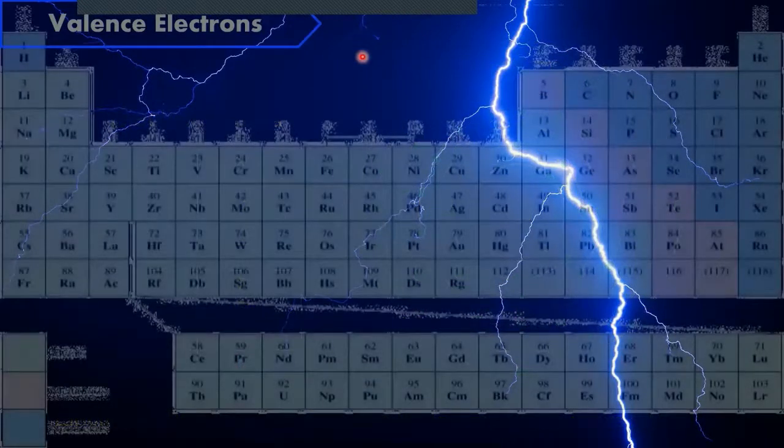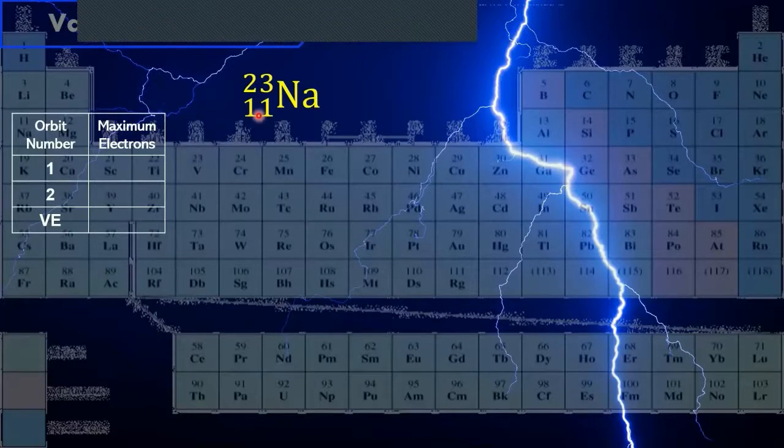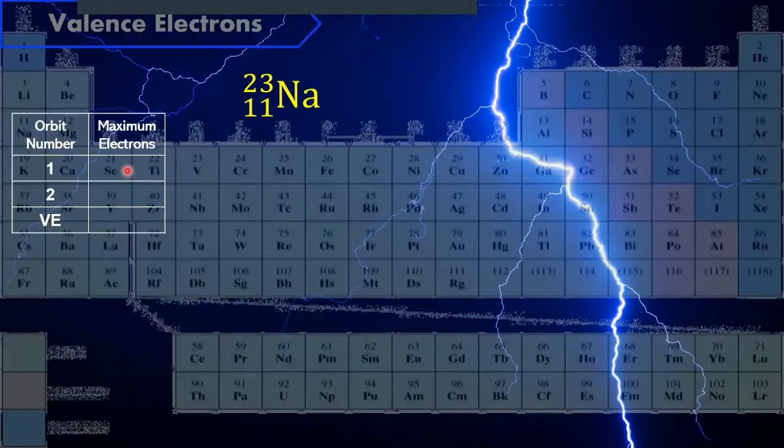Now let's have a specific example. Let's say sodium. We are asked to give a presentation of the electrons of sodium. Let's have this table. The atomic number of sodium is 11, which is also the number of electrons. The first shell can hold up to 2 electrons, and the second shell holds a maximum of 8.